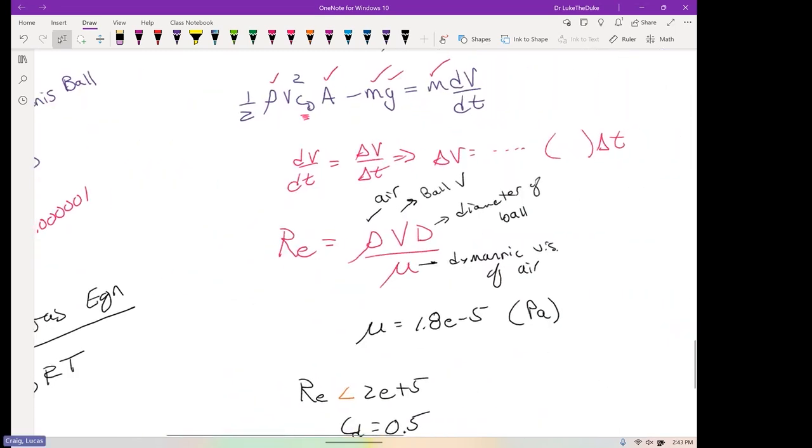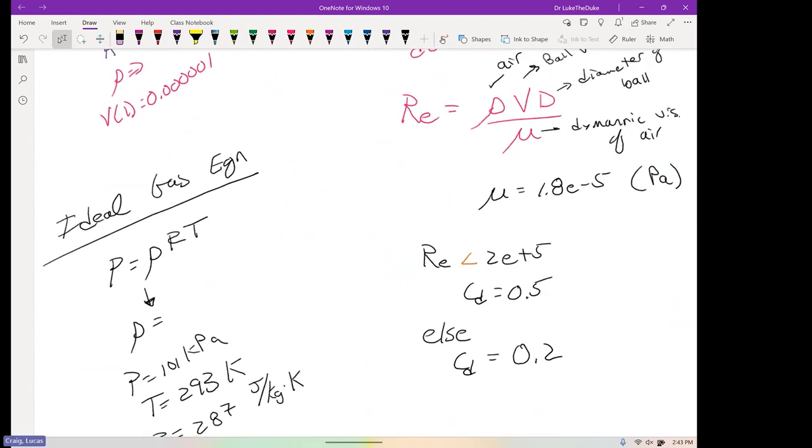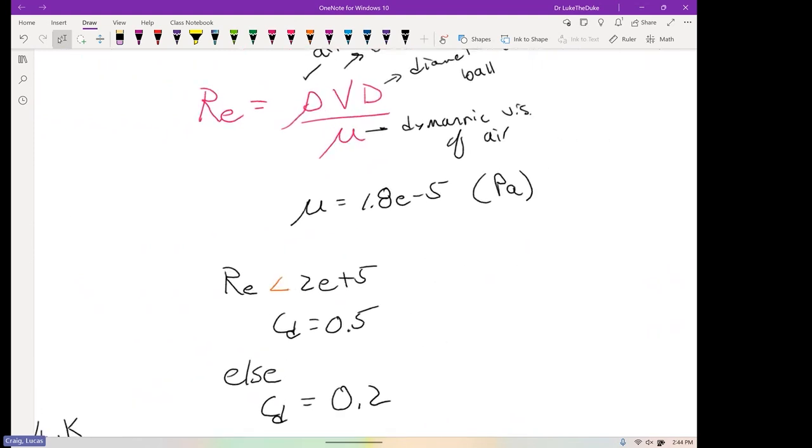And we also have the temperature and pressure of the atmosphere that we're doing it in. Okay. We can find the density of the air. We can use that density of the air and the Reynolds number to figure out what the drag coefficient is. It's going to start out laminar, and then it's going to go turbulent flow. Remember that? Okay. It should go from laminar to turbulent, I believe. It may not go, might be 0.5 for a while.